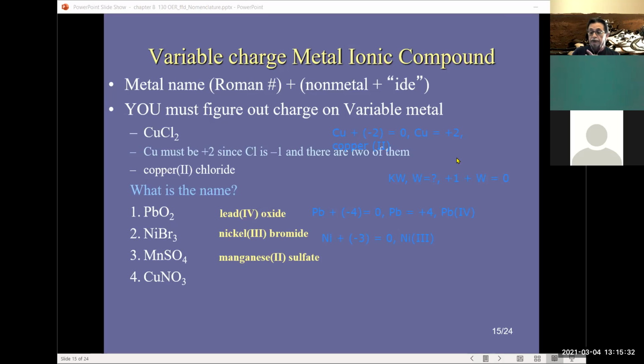Look it up on the table. You'll find it's called nitrate. And furthermore, it has a -1 charge. That means that copper must be a +1 charge, which means that you're using Roman numeral 1. Okay. So this is copper 1 nitrate.